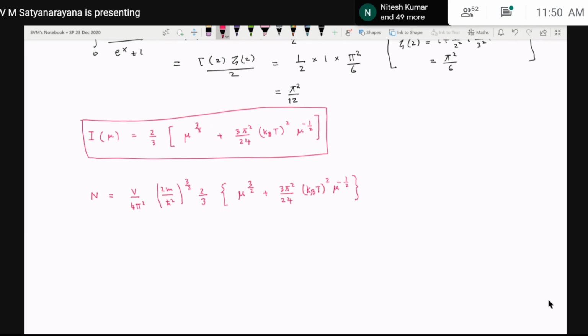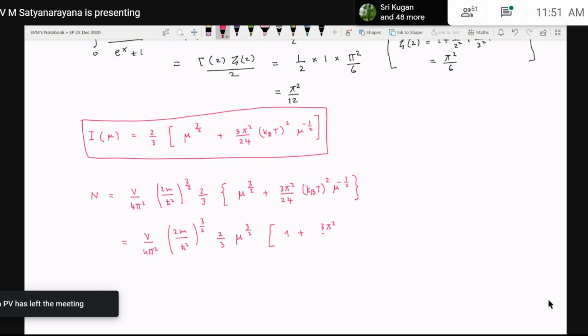I can write this n by v as V by 4 pi square into (2m by h bar square) to the power 3 by 2, into 2 by 3, into mu to the power 3 by 2, times (1 plus 3 pi square by 24 into (kBT) square by mu square).